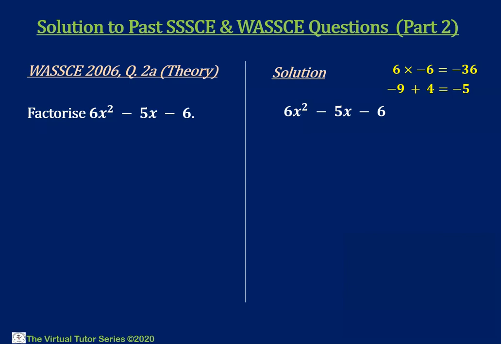The third step is to put negative 9 and 4 in place of negative 5. So the expression now becomes 6x squared minus 9x plus 4x minus 6.